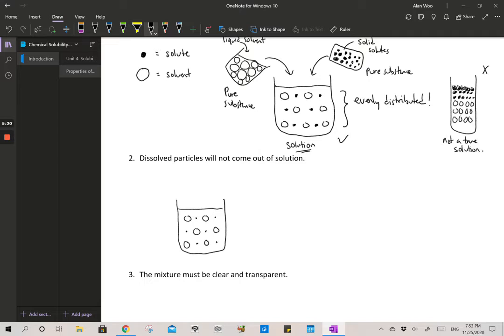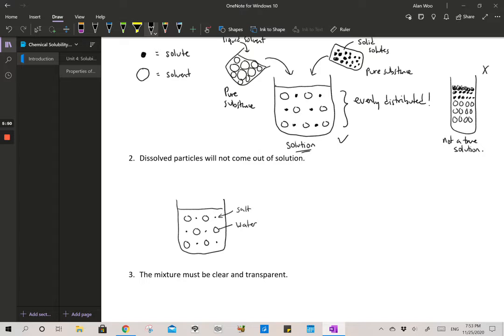Now, if I left it open like this, let's say these are water molecules, and the solute ones here are salt molecules. If I just leave it open like this, in time it would evaporate. And if it evaporates, the water gets taken away, and then you get salt forming.